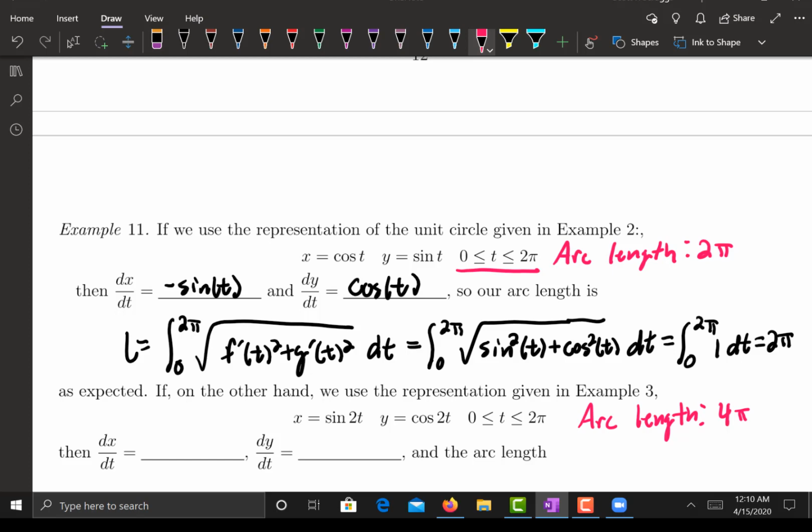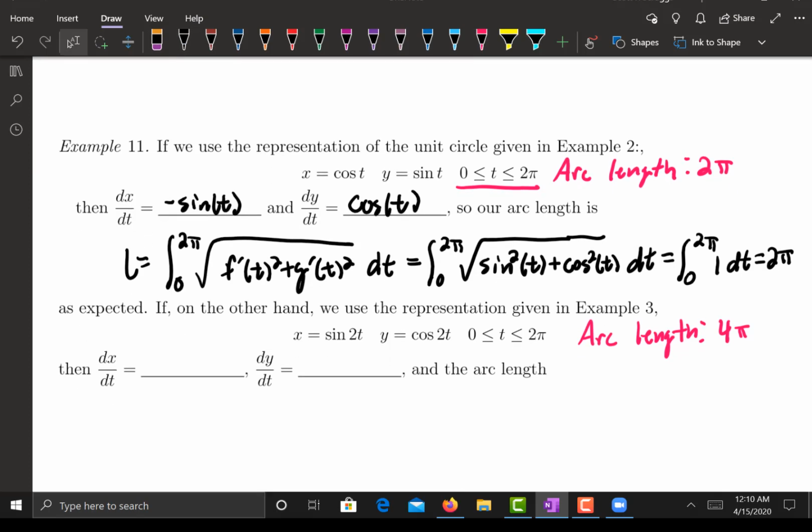And again, you could verify that using our normal formula for arc length from section 6.5. In this case, dx/dt will be 2 times cosine of 2t. dy/dt will be negative 2 times sine of 2t.